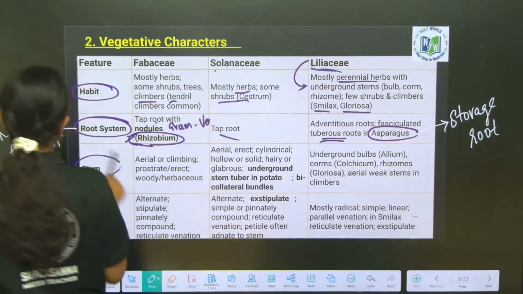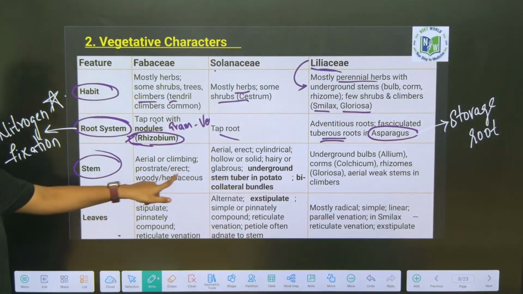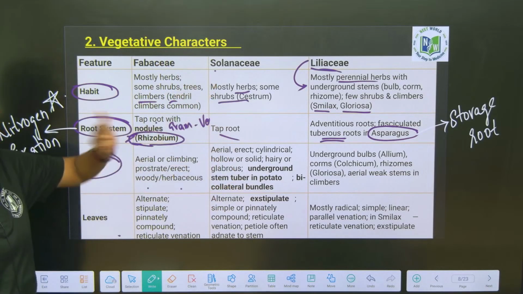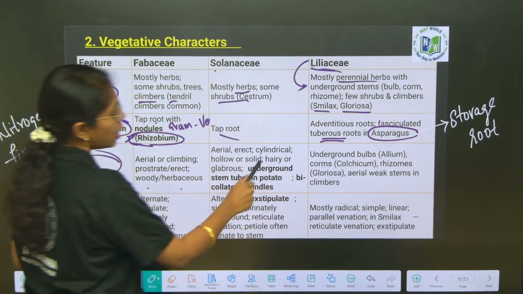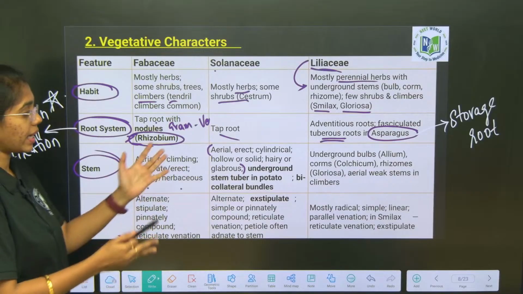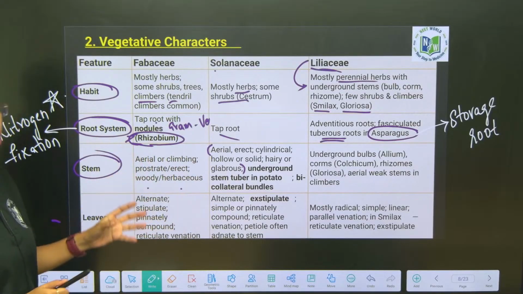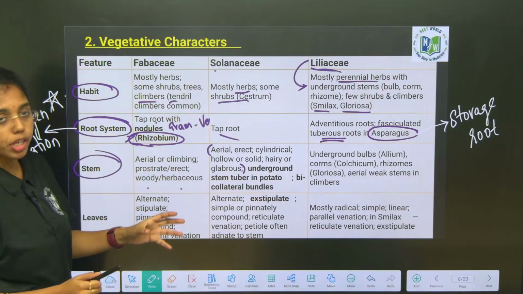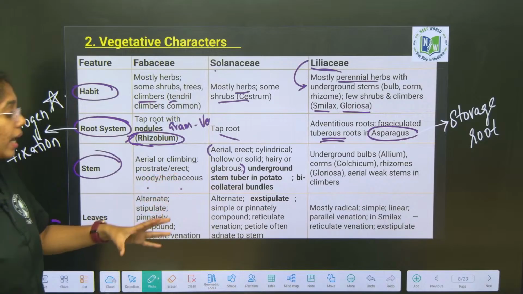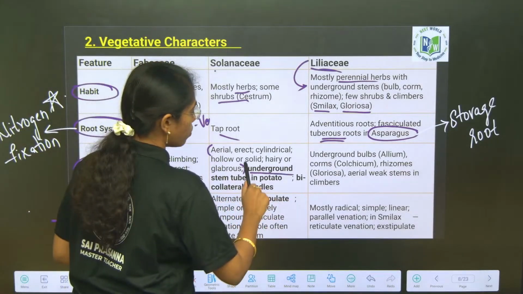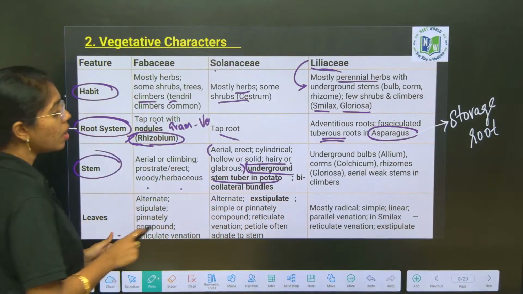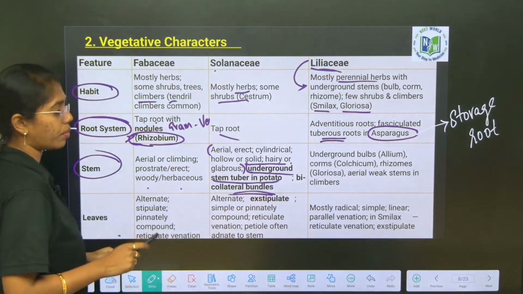Next, stem: in Fabaceae it is aerial, climbing, prostrate or erect, woody or herbaceous. In Solanaceae, the common characteristics you will find in many members are aerial, erect, cylindrical, hollow or solid, hairy or glabrous stems, and the modification you have to remember and highlight is the underground stem tuber modification in potato, which has bicollateral vascular bundles.